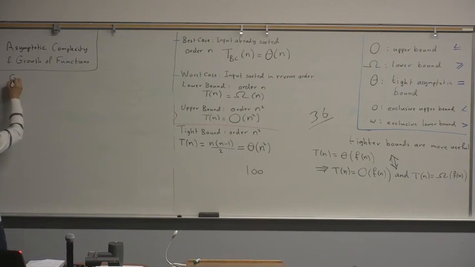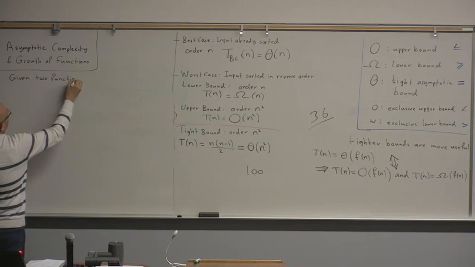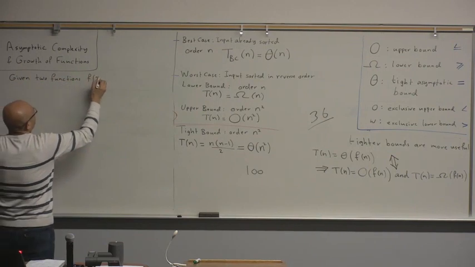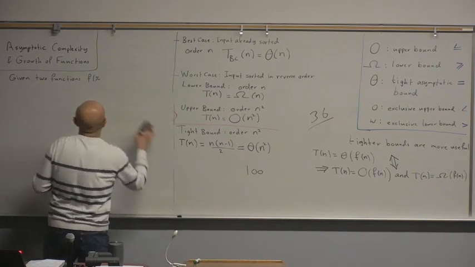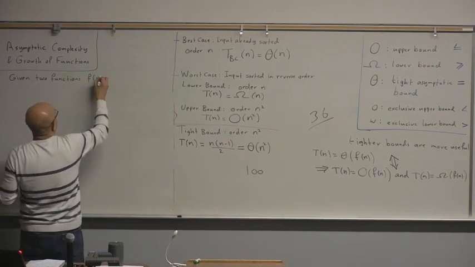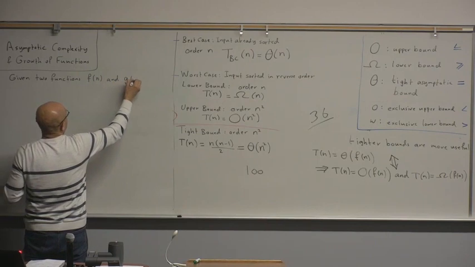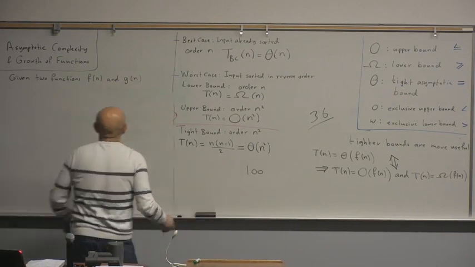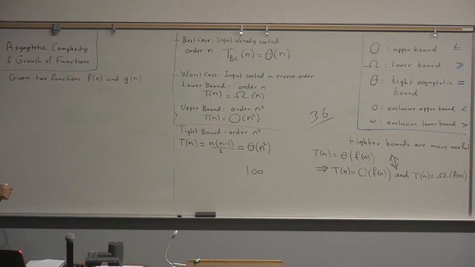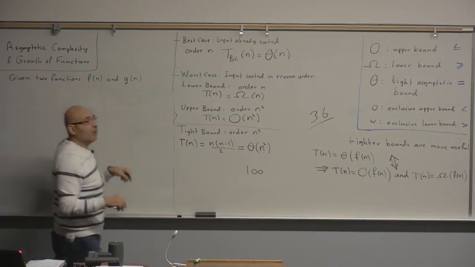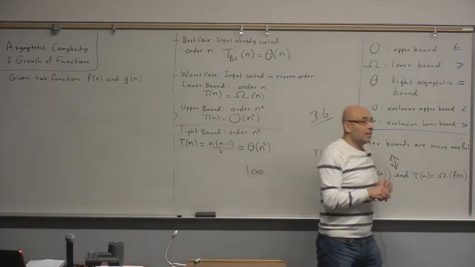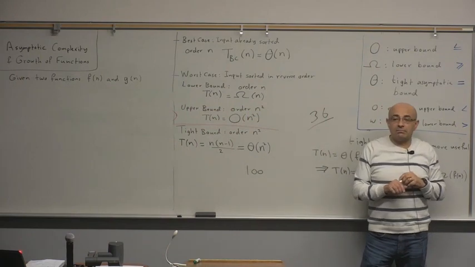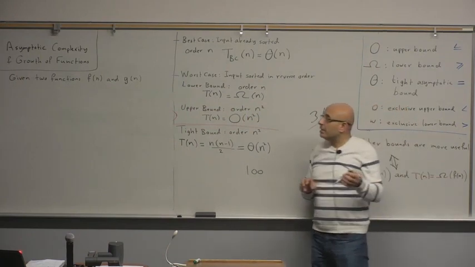So given two functions, f(n) and g(n), in order to compare them and figure out the asymptotic relation between the two functions, we should take the limit at infinity.